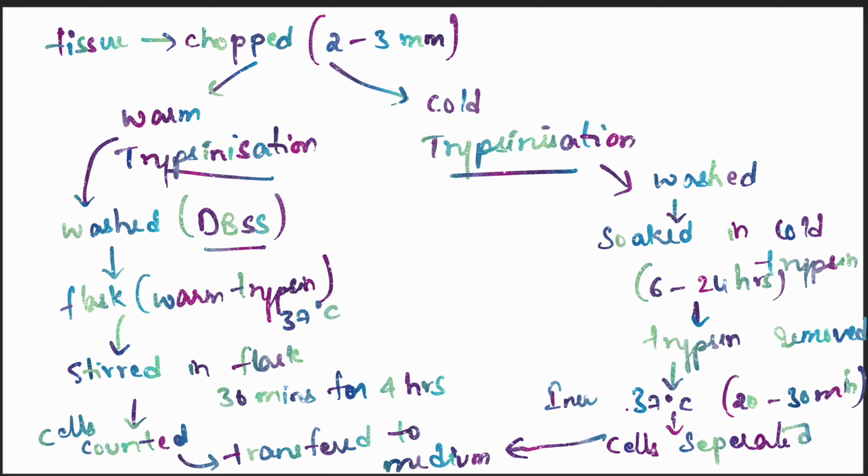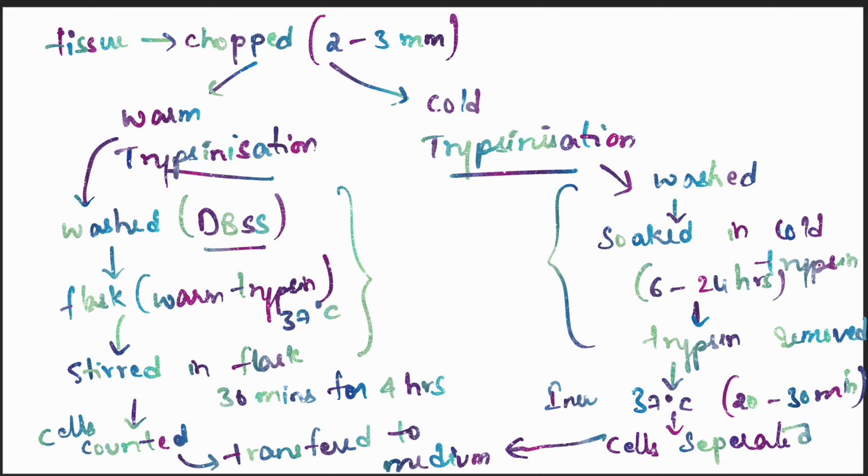This method is warm trypsinization, using warm trypsin, and this method is cold trypsinization, which uses cold trypsin. Here you can see the cold trypsin is not suitable for large quantities of tissues, which we should keep in mind.